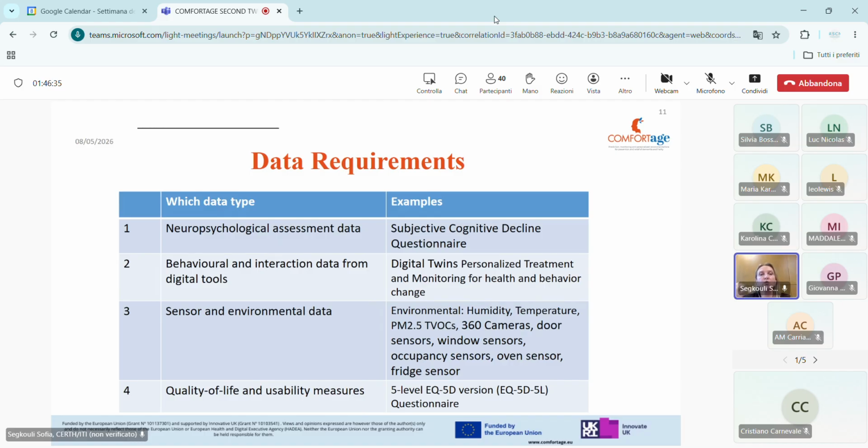This includes neuropsychological assessment data, for instance, the subjective cognitive decline questionnaire; behavioral and interaction data derived from digital tools, as an example, the digital personalized treatment monitoring model for health and behavioral change; sensor and environmental data, such as humidity, temperature, and so on. And finally, quality of life and usability measures, such as standardized tools, the 5-level EQ-5D version questionnaire.